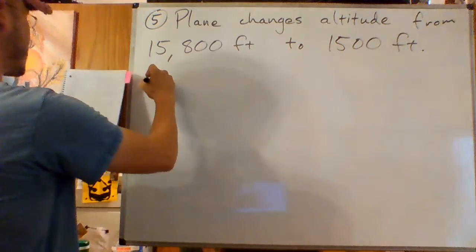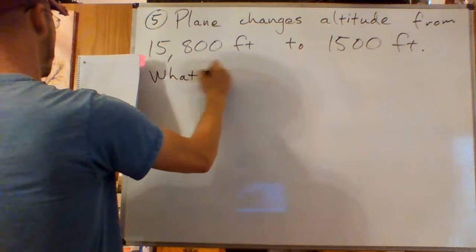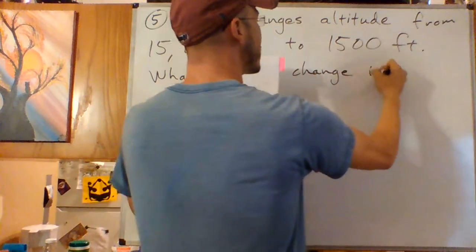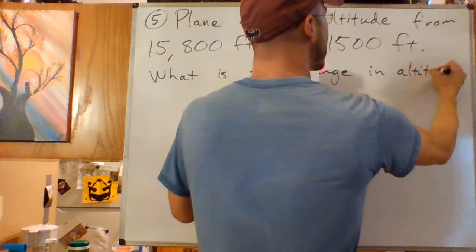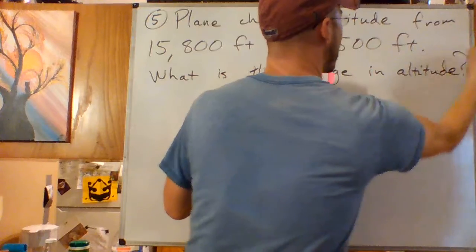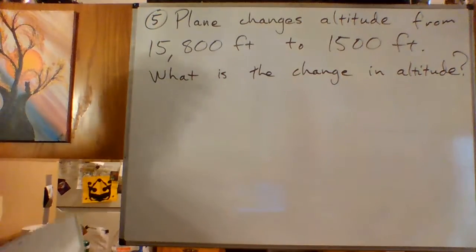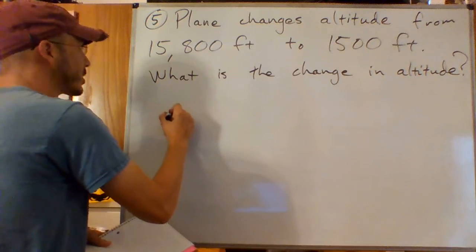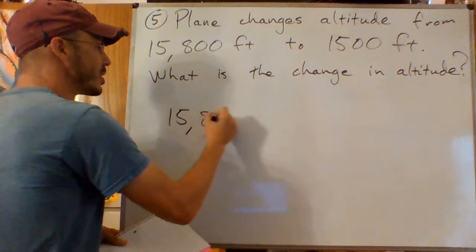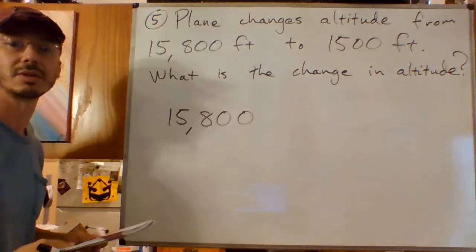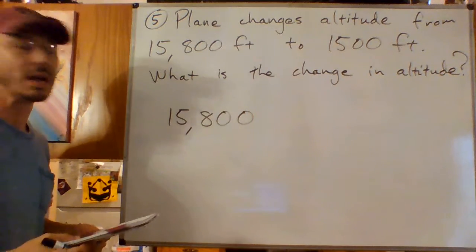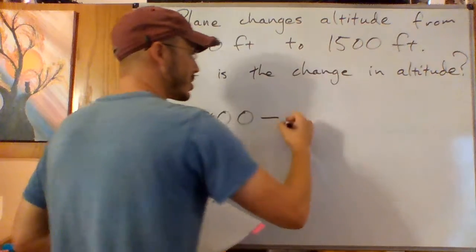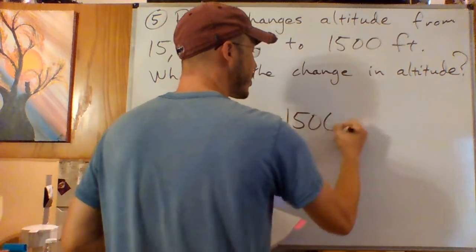The question is, what is the change in altitude? And I can find that using subtraction. What I think of it as is you start with the original altitude and subtract this much from that.